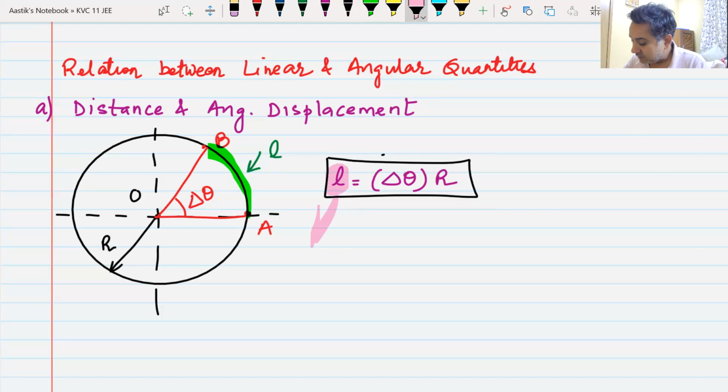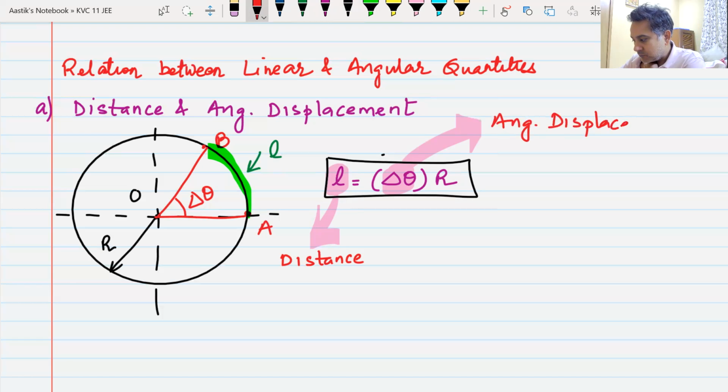This L is your linear distance, or distance traveled by the body. This, my dear friends, is the angular displacement. So by finding out how much angle it has turned, you can find out how much distance it has traveled. Do you understand this? Yes or no? I'll give you 2 minutes to note this down.